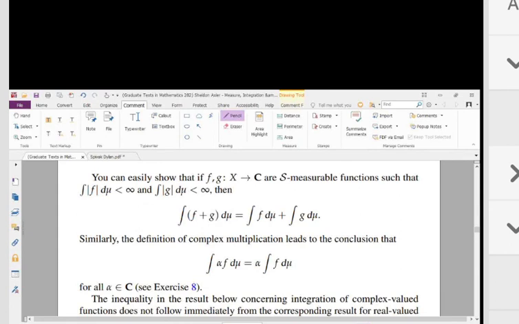you can easily show that if f and g from x to c are measurable such that all of these are finite, then we have this equality, and also the equality holds for all alpha.